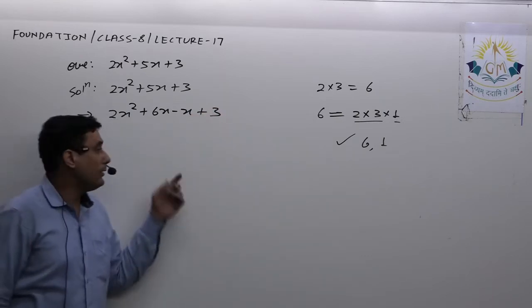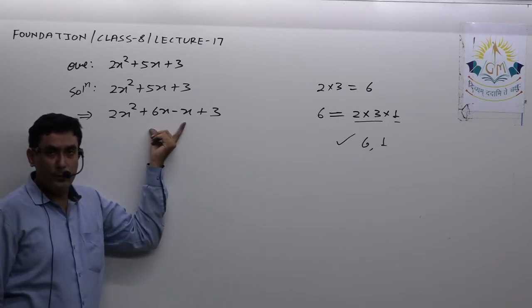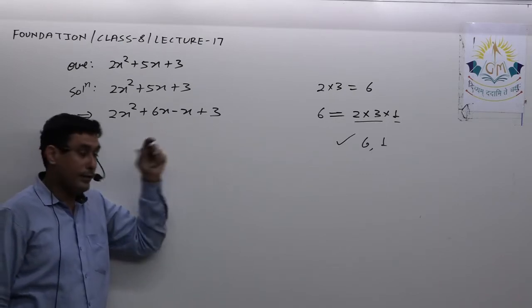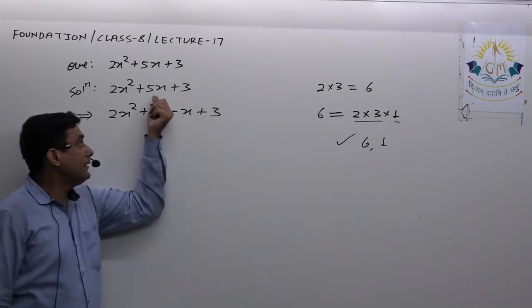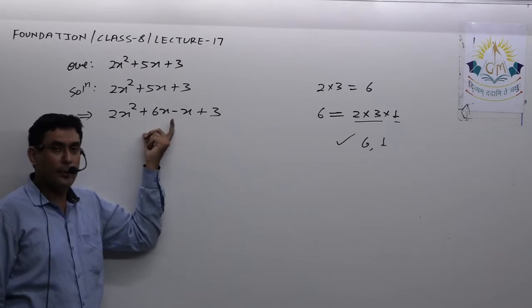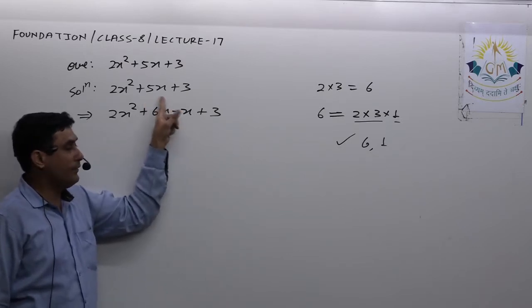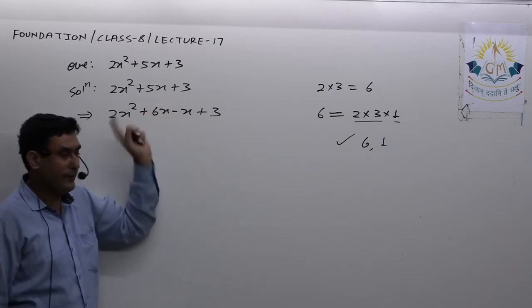How do I get to know? See, as I told you, whenever you find these two terms, always check two things: whether the addition gives the middle term or not. Yes, their addition, with the minus sign here, gives minus x plus 6x, which is 5x. That is correct.